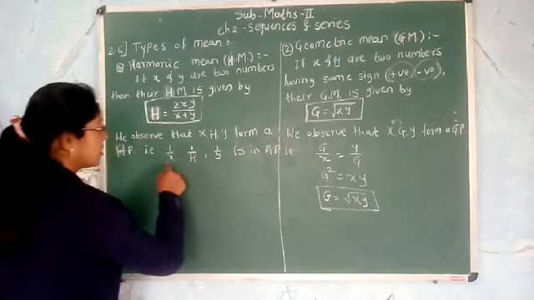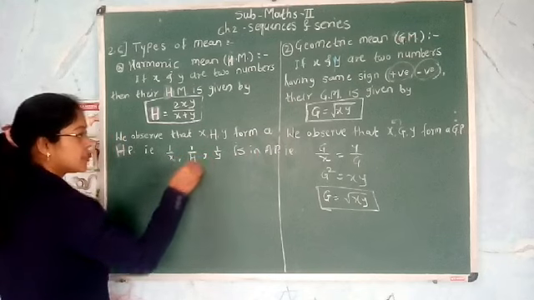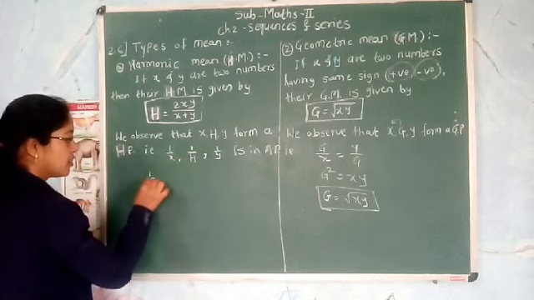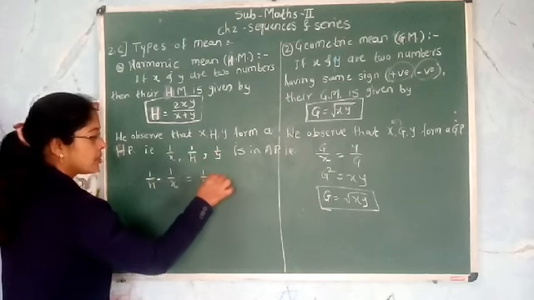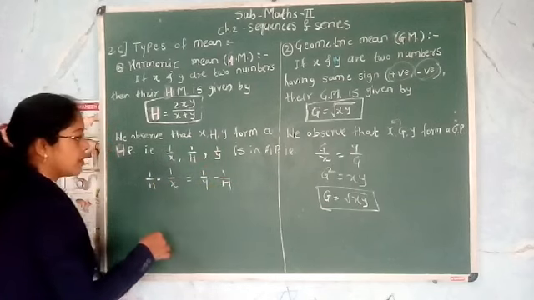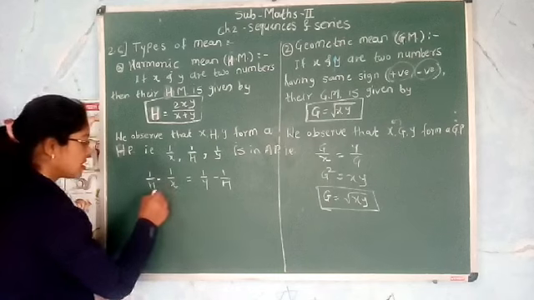So AP मध्ये असेल तर डिफरन्स काय असतो, डिफरन्स इज कॉन्स्टंट. सेकंड टर्म मायनस फर्स्ट टर्म is equal to third term minus second term. This is the difference is common.